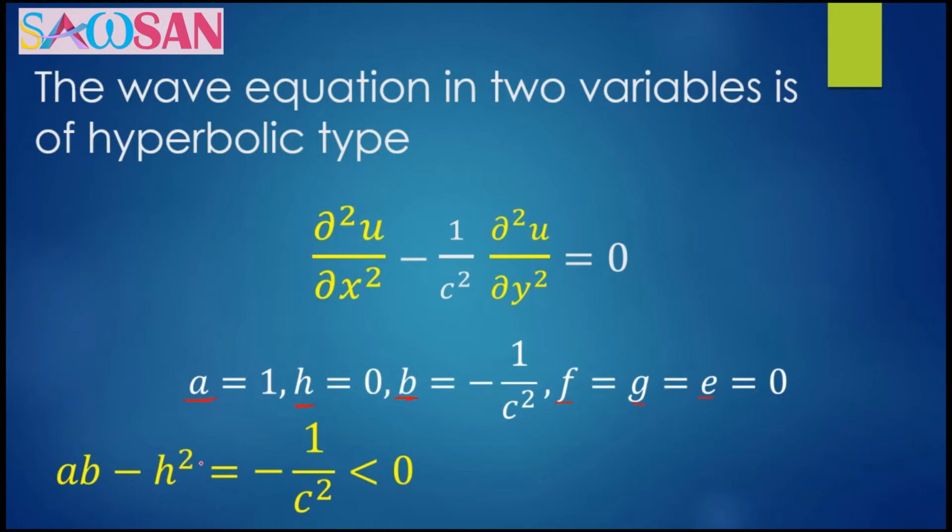So ab − h² = −1/c², which is less than 0, and the wave equation in two variables is of hyperbolic type.